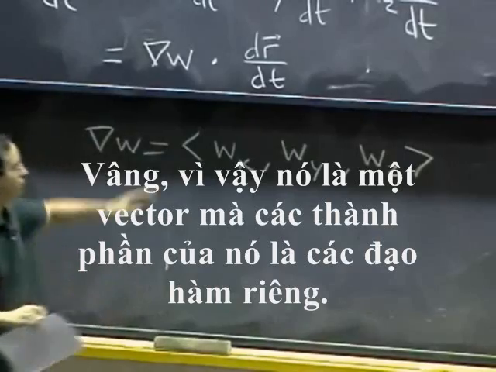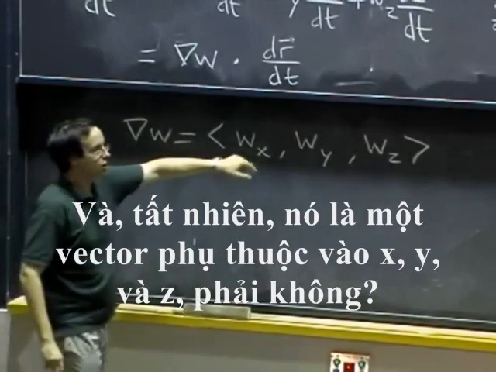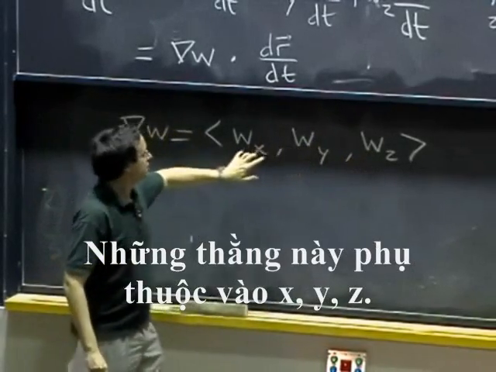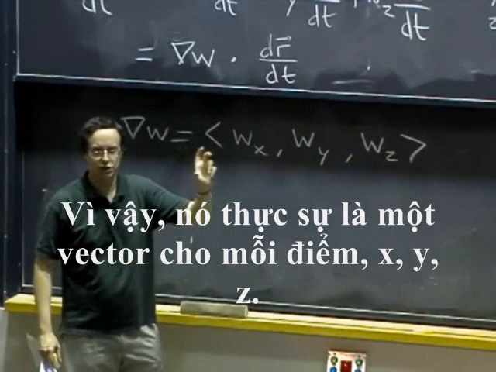So it's the vector whose components are the partials. And of course, it's a vector that depends on x, y, and z, right? These guys depend on x, y, z, so it's actually one vector for each point x, y, z.